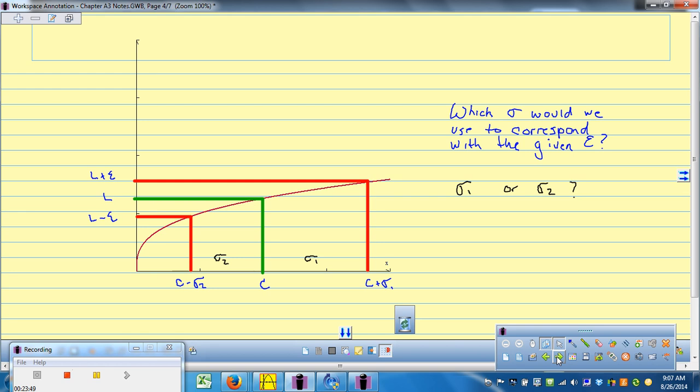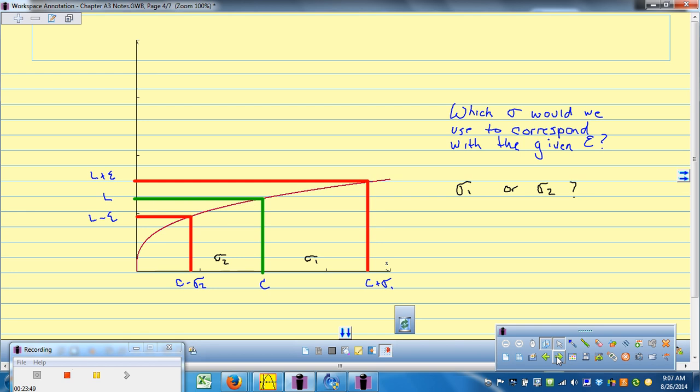Okay, so I chose epsilon to be 0.02, and I just arbitrarily said that's 0.02 on my graph. So if I go up to my limit that I'm trying to figure out if it is right or wrong, go up this much, go over and down, here is my delta 1. And then if I go down the same amount, over and down, here is my delta 2. So which delta would you choose? 2.